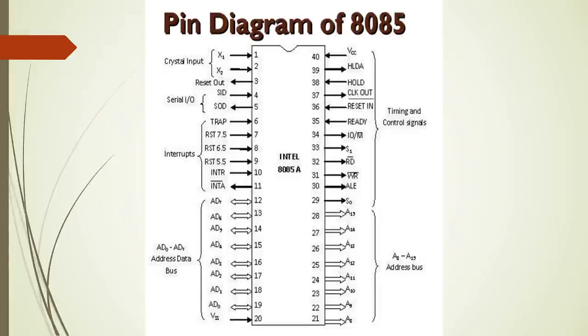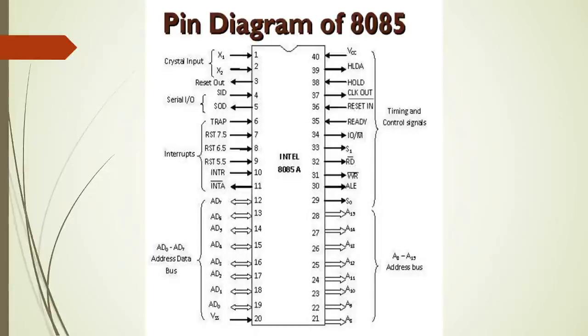Now we'll try to understand each pin one by one. First we will see the crystal input pins, then the pins which are used for serial IO communication, then we will try to understand interrupts, then the address data bus. You know that the complete address is divided into two parts, that is A15 to A8, which is called the higher order address bus, and A7 to A0.